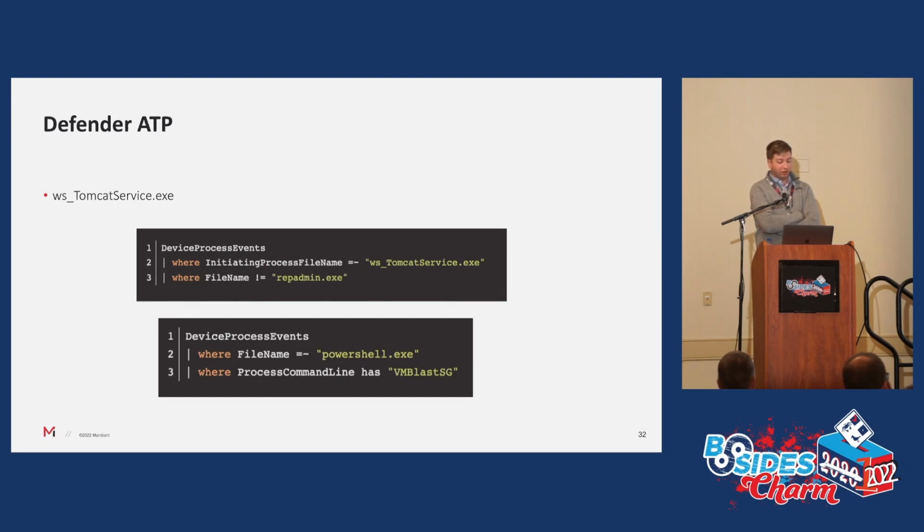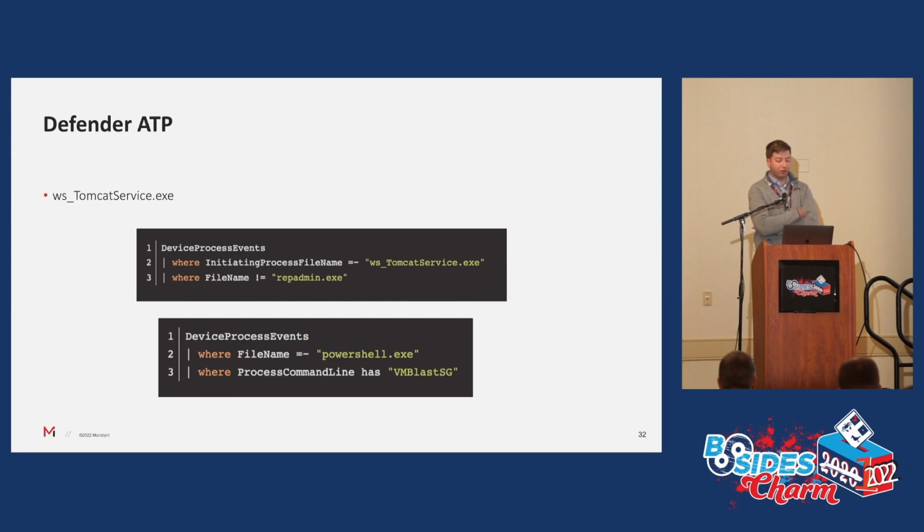In particular, VMware Horizon will use repadmin.exe to replicate data between itself and other VMware Horizon servers, if you cluster them or whatever. You can filter out that executable and then watch for other processes that are spawned.